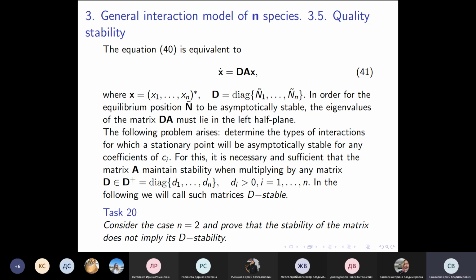And if the matrix DA is always stable for any positive matrix D, then the stability of our whole system depends only on the community matrix.